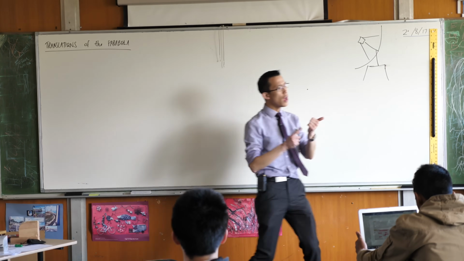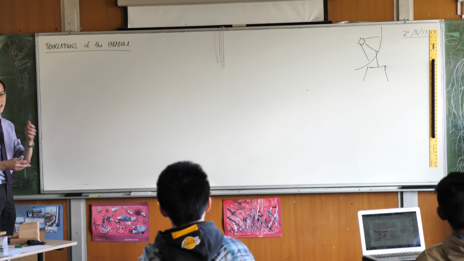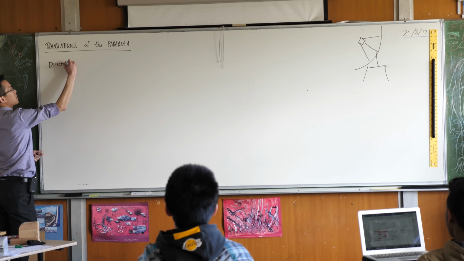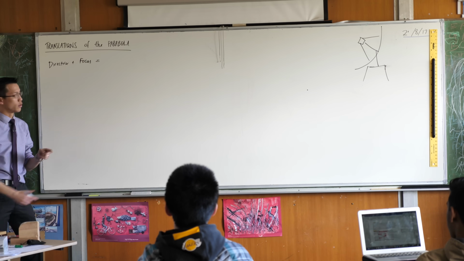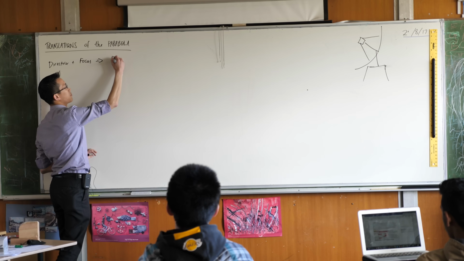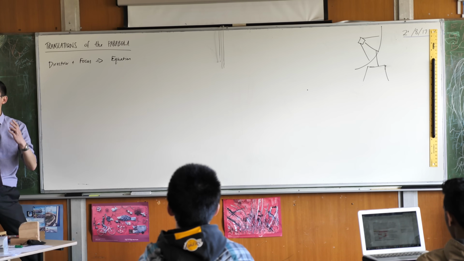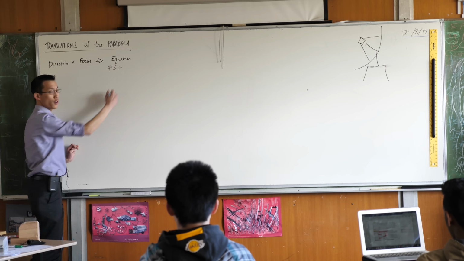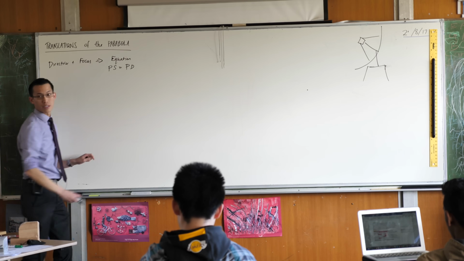What we did was we said directrix plus focus leads you to the equation of the locus, because you set a moving point P, and its distance to the focus is the same as its distance from the directrix.